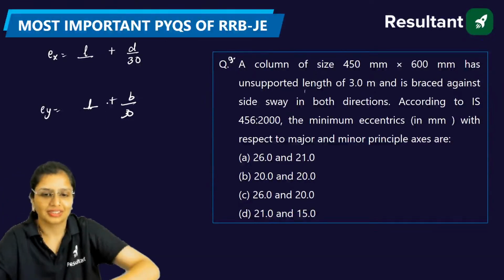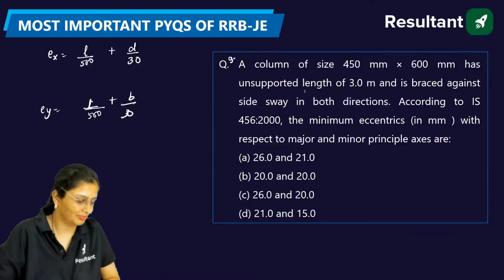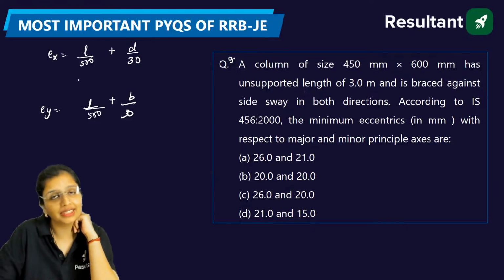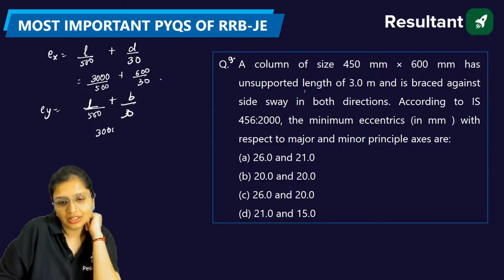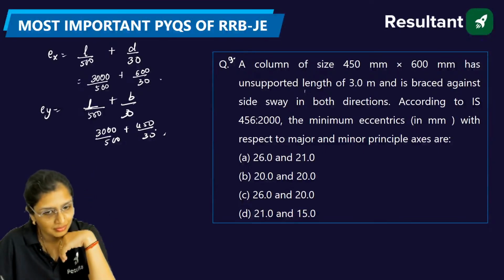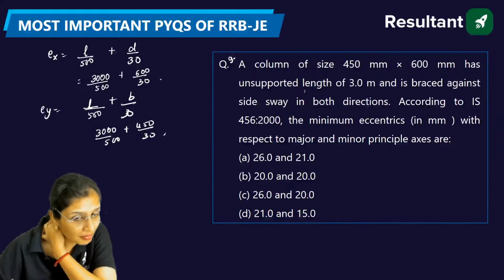I have written L by 500 plus least lateral dimension by 30. Now I also made a mistake. Unsupported length is given as 3 meters, that means 3000. So this is 600 by 30, and this will be 3000 by 500 plus 450 by 30. Solve both of them quickly.